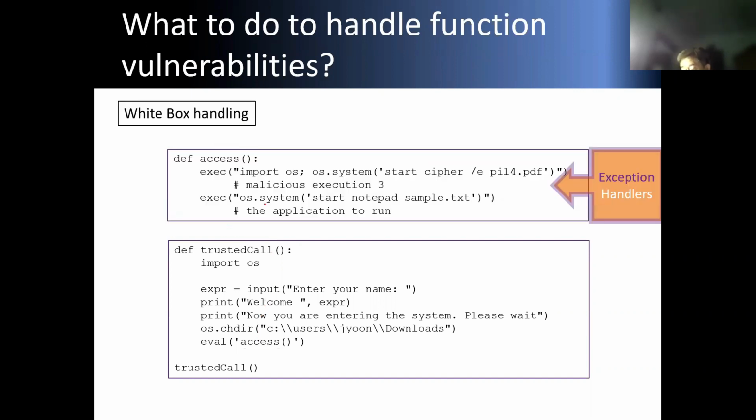So what should we do? If it is a white box, the function that I call is known, then I need to put in some exception handler. Exception handler is one of the coding techniques that we can use.